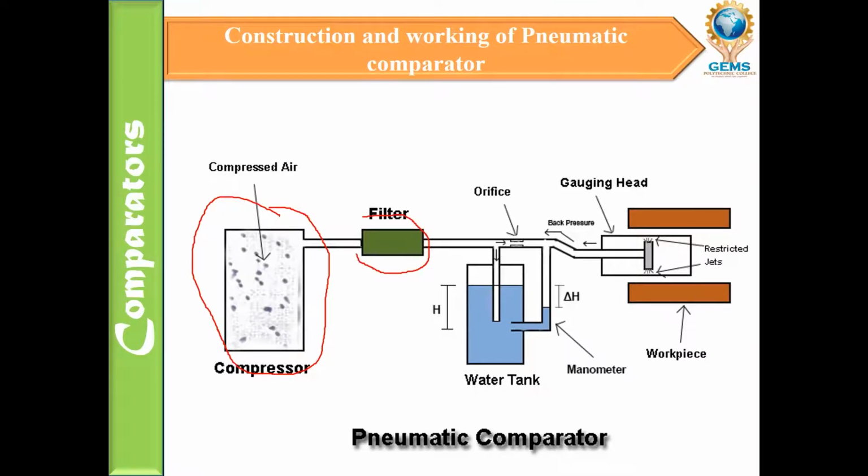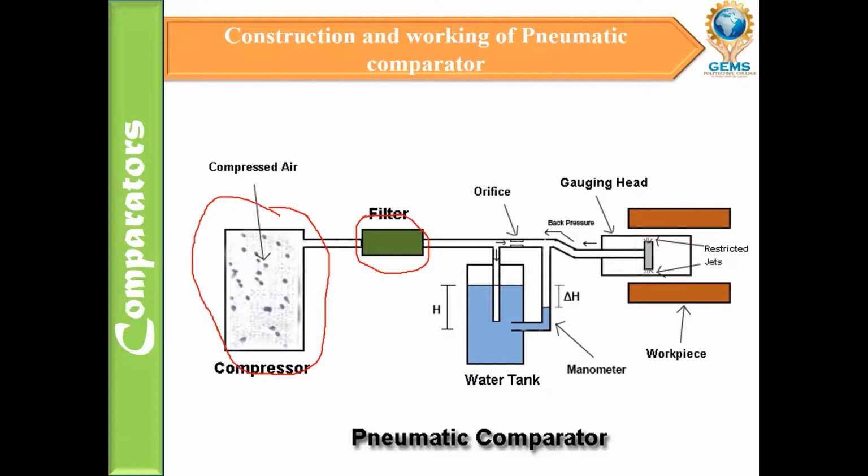What is the function of the compressor? It compresses the lower pressure air to higher pressure. What is the function of the filter? If any dust particles are in the air, they will be caught in the filter. And what is the function of the orifice? It is a pressure regulator. With the manometer we calculate the pressure head.